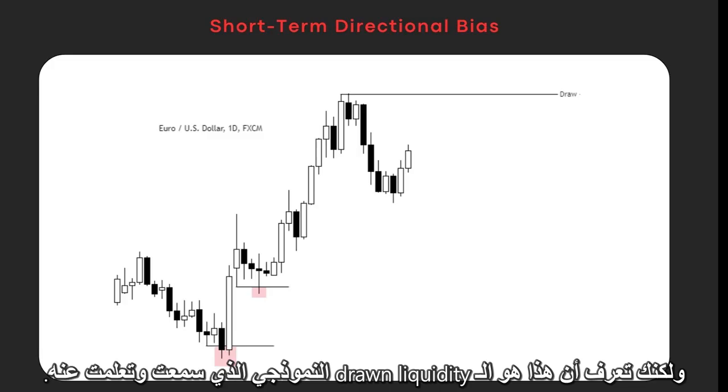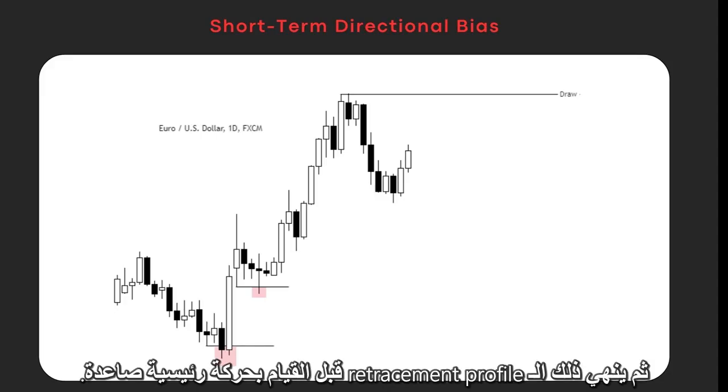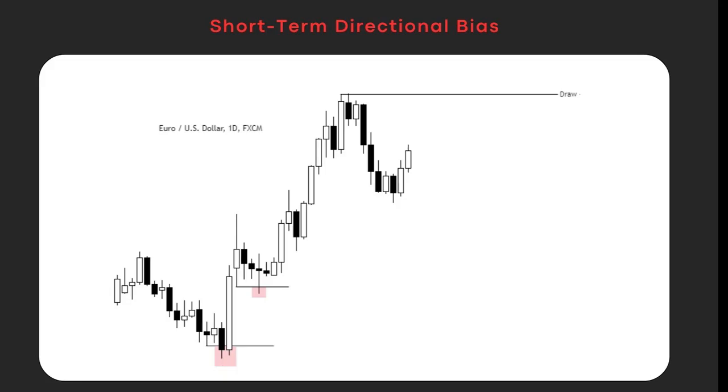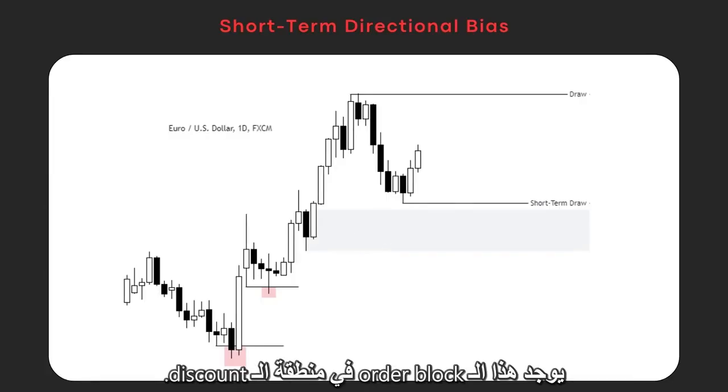But you know that this is the typical drawn liquidity that you've heard and learned about, right? And you know that before price reaches that high, price first of all has to form a retracement profile and then end that retracement profile before making a major move higher, right? Right here you can see that we've got this low right here, and below that low is this order block in this discount region.